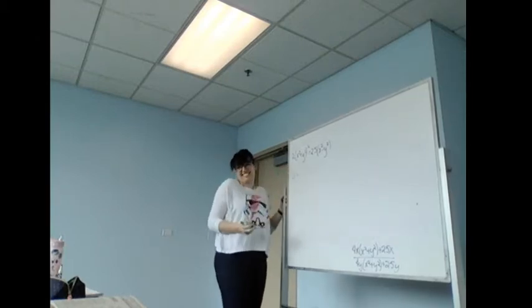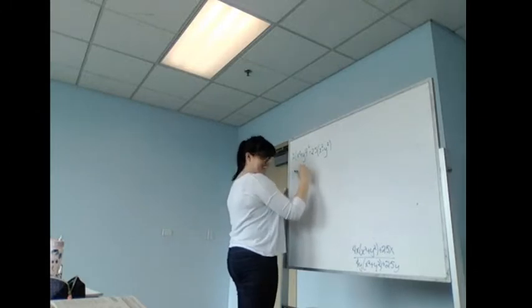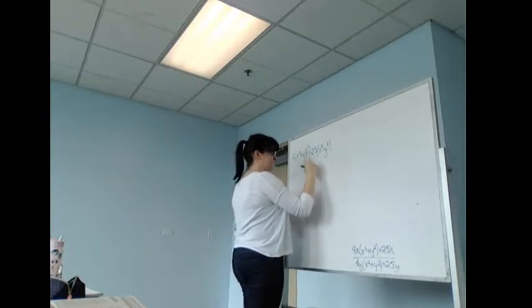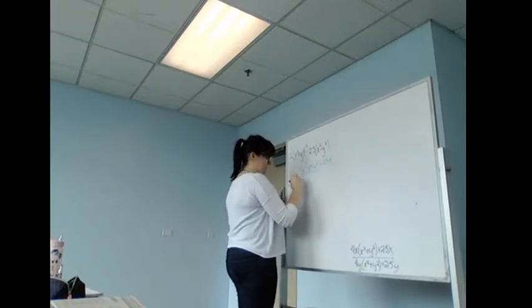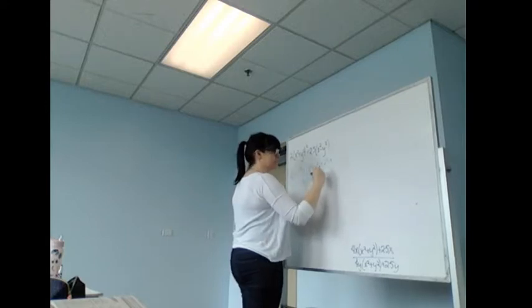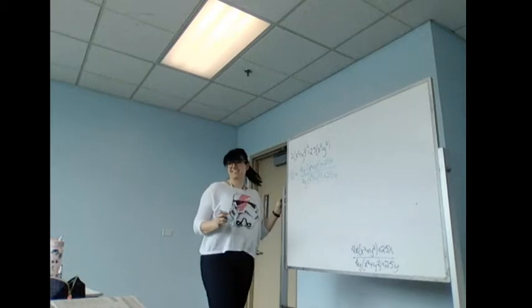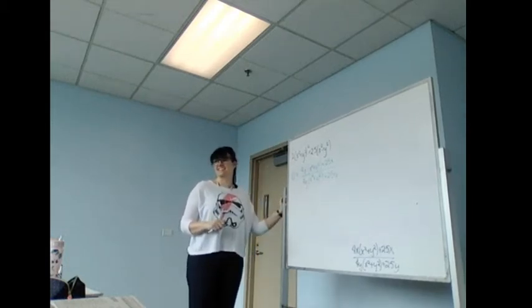Zero equals 4x times x squared plus y squared plus 25x over 4y times x squared plus y squared plus 25y, because we're looking for the places where the tangent line is horizontal.